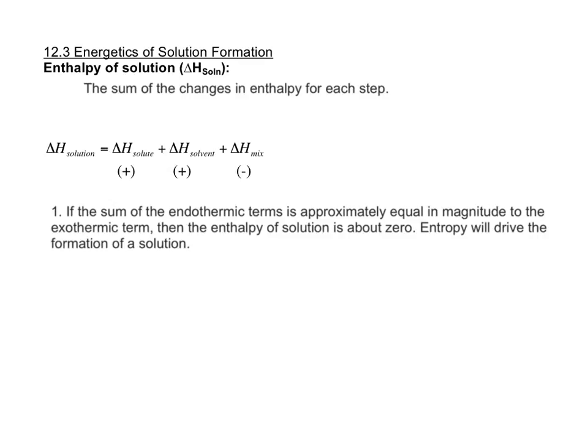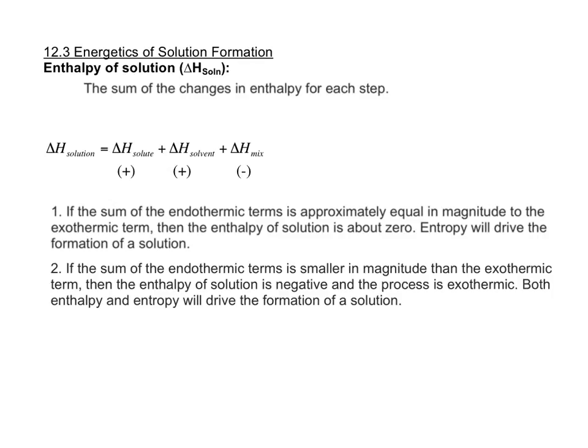Okay, so if the sum of the endothermic terms is smaller in magnitude than the exothermic term, then delta H of solution is going to be negative, and the process will be exothermic plus driven by an increase in entropy, and so this will drive the formation of a solution.